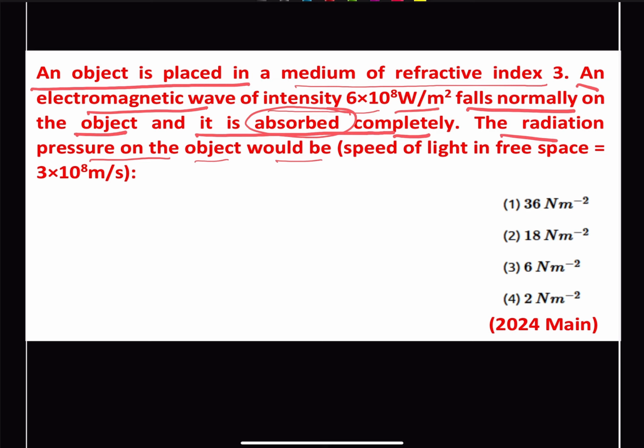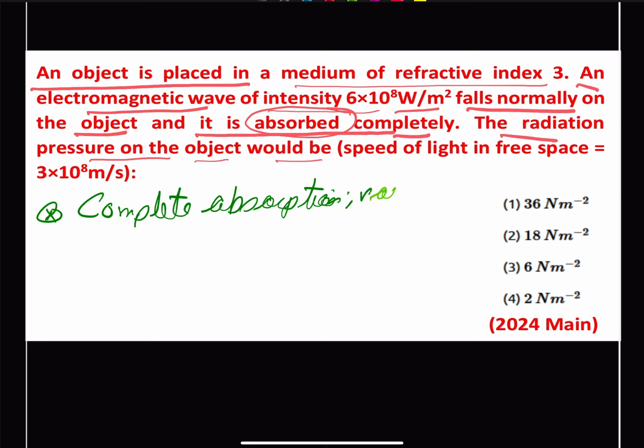And we know the standard formula for complete absorption of radiation pressure: P is given as I upon V, and in case there is a complete reflection, then it simply comes as 2I upon V. Let me write it here.